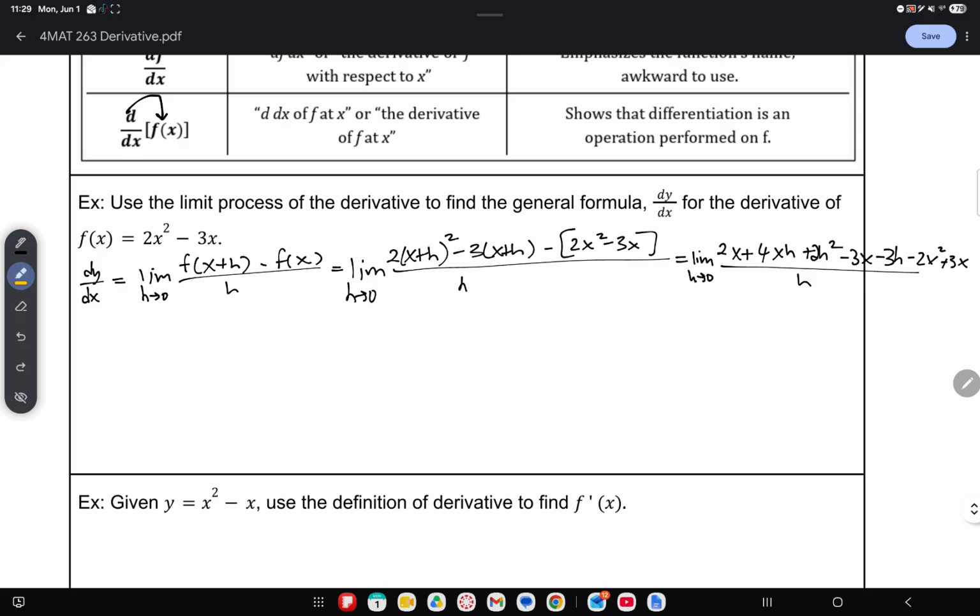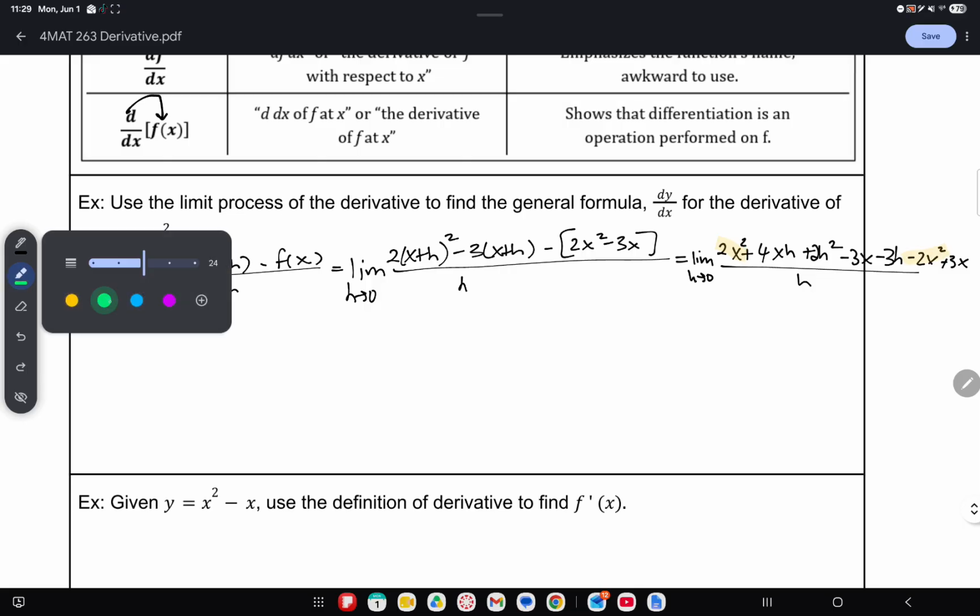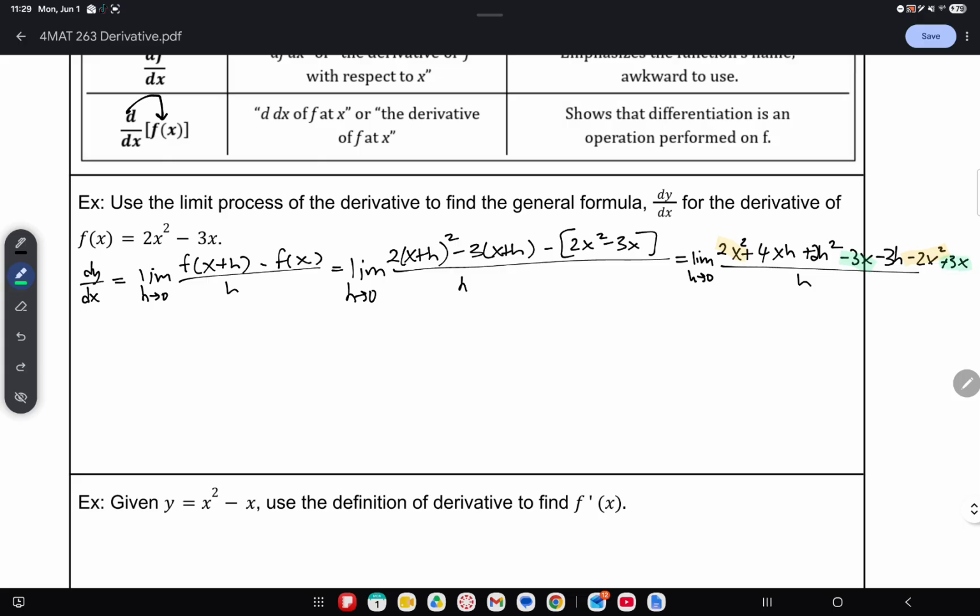And I bet you I have some things that can cancel. Oh, you probably caught it before I did. That should be an x squared. So 2x squared minus 2x squared, minus 3x plus 3x. So I have the limit as h goes to 0 of 4xh plus 2h squared minus 3h all over h.